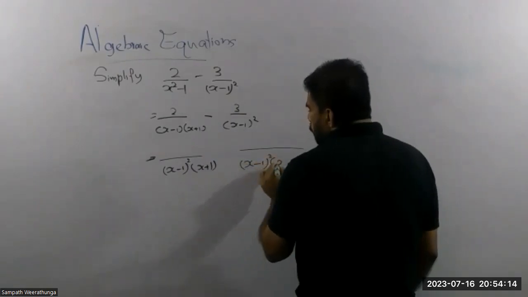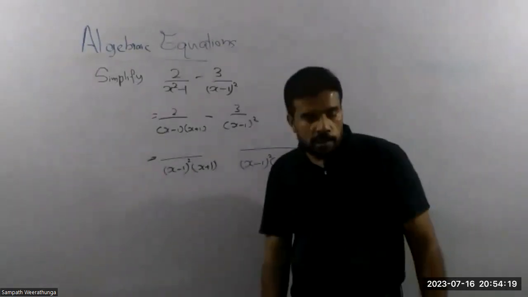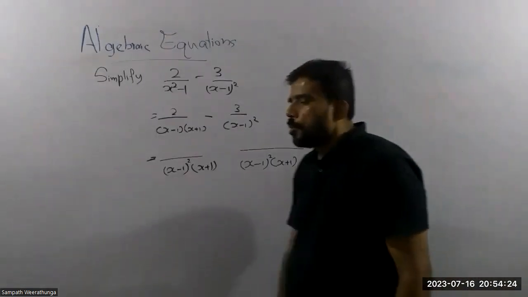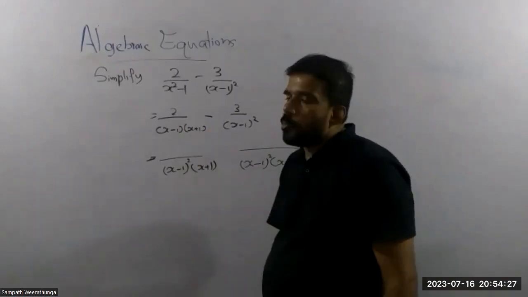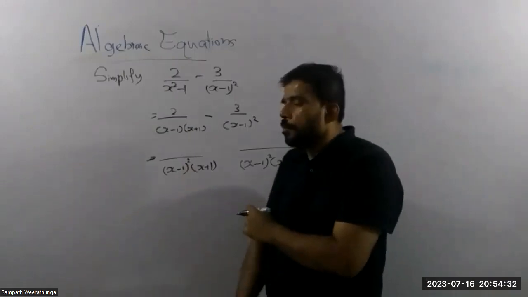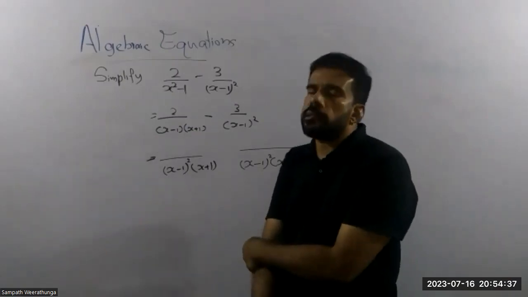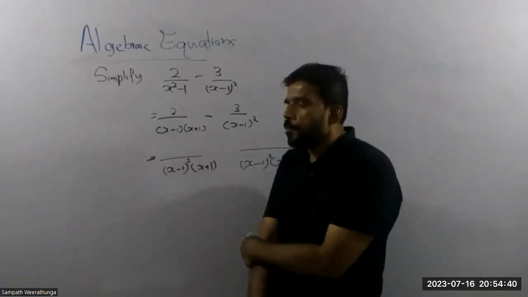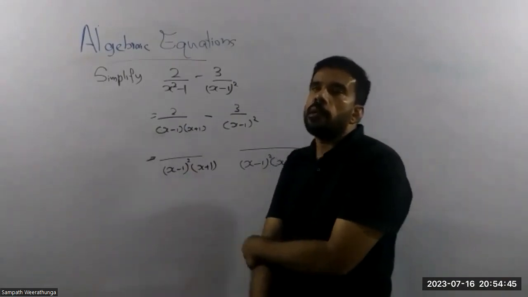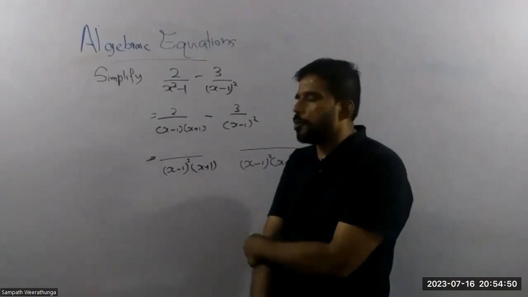In maths, when we are dealing with fractions, if we do something to either the denominator or the numerator, we have to do the same thing to the other. Especially with fractions, it's multiplication and division, not addition. If we multiply the numerator by something, we have to multiply the denominator by the same thing to keep the expression unchanged.